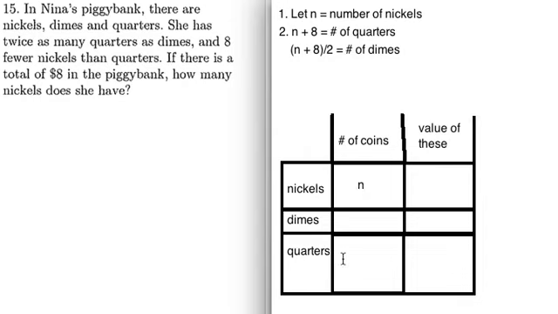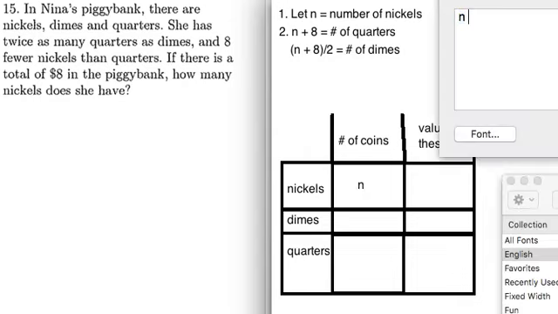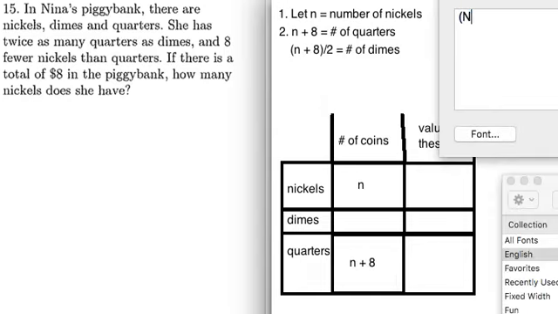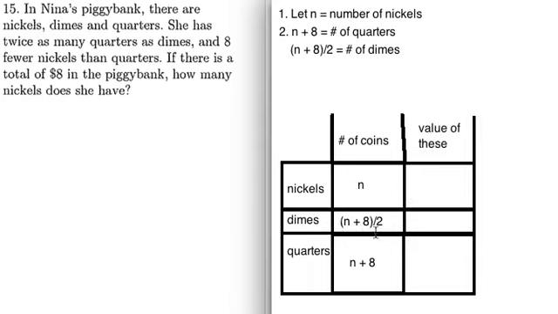I've got N plus 8 is my number of quarters. That I can put down here. And then the dimes is just N plus 8 divided by 2 in here. Now, to get the value of these, I have to say to myself, okay, if I actually knew how many nickels I had, if I had 10 nickels, what would the value of that be? 10 nickels?